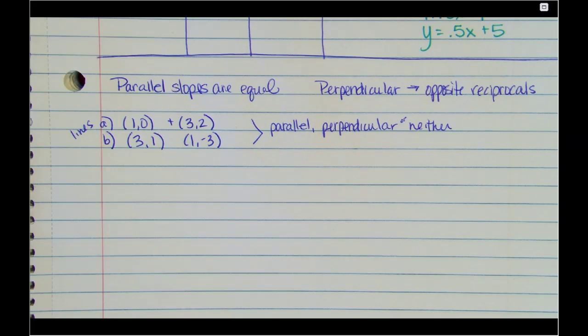So find the slopes between each of those pairs. No, let's do it.